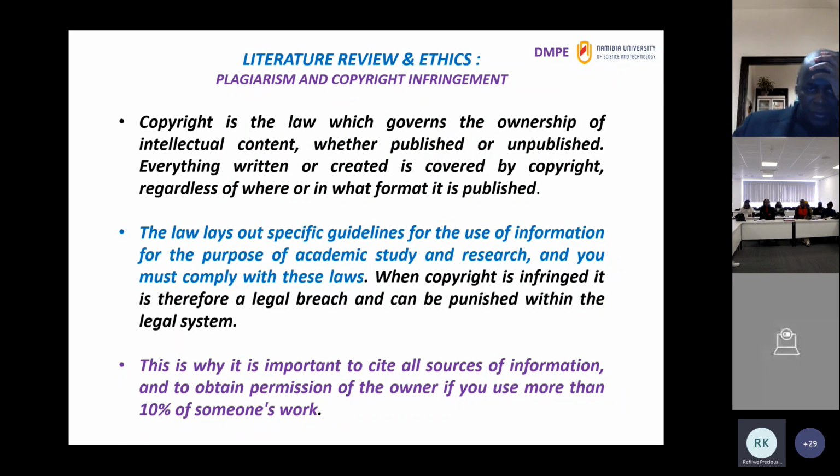Because non-compliance and breach of that law will mean legal action taken and punitive measures applied.